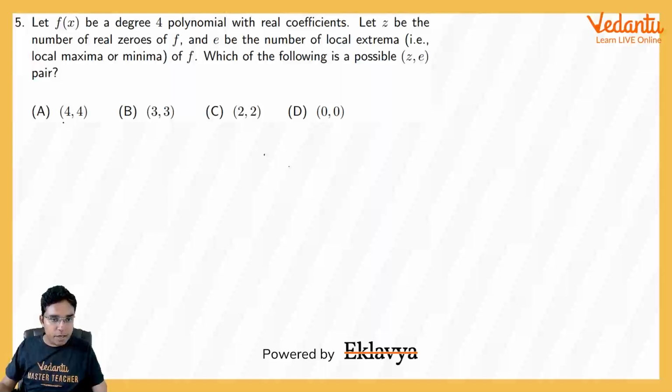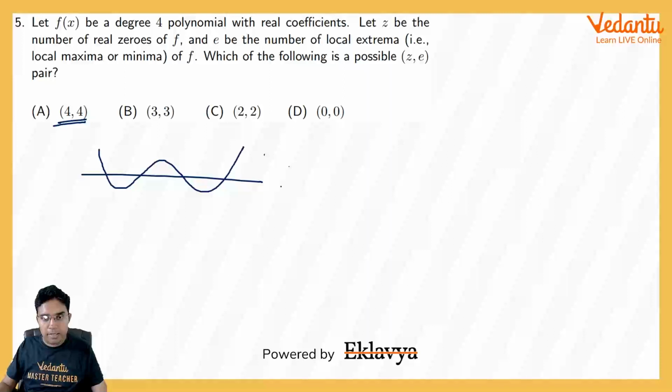So first, if I notice this where z is 4, that is f(x) is having 4 zeros. 4 zeros means it should be intersecting the x-axis 4 times. Now, whatever this f(x) is, its derivative will have 1 degree less than f(x). So it will be cubic.